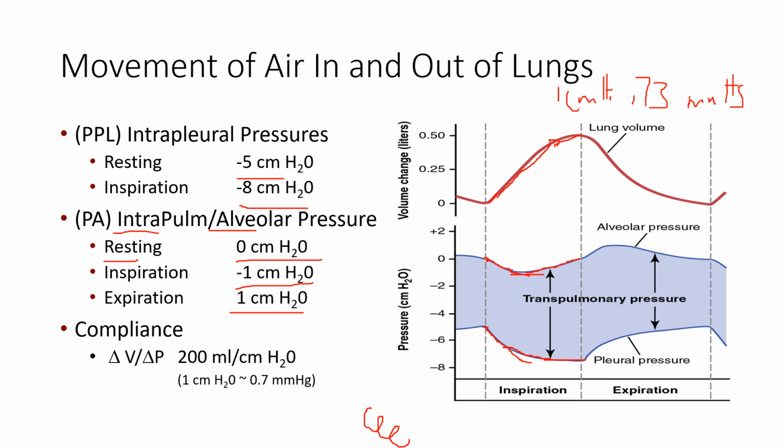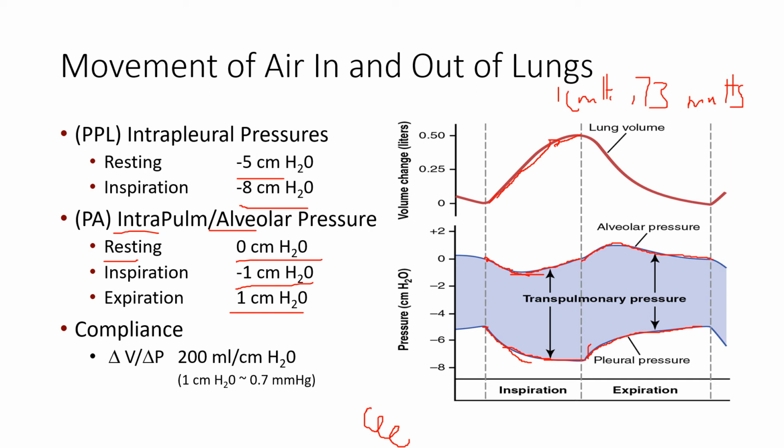So while pleural pressure, as the thoracic cavity goes back to its normal resting state, the pleural pressure will move towards zero, or move towards a less negative position, never actually approaching zero. It's becoming less negative. Alveolar pressure, because we've filled that potential space in the lungs with more and more air, becomes slightly positive relative to atmosphere, right?